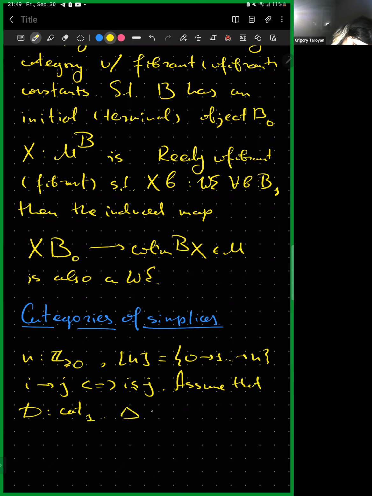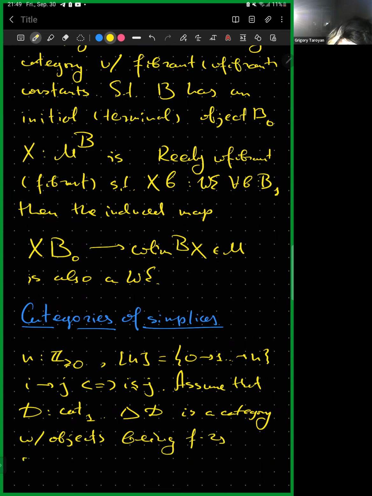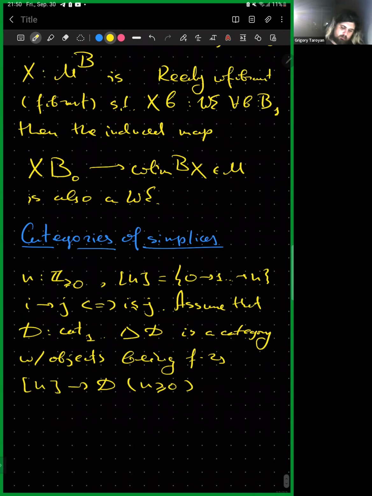Then the category of simplices of D is a category with objects being functors from various categories of the form [n] to D, for all n greater than or equal to 0.